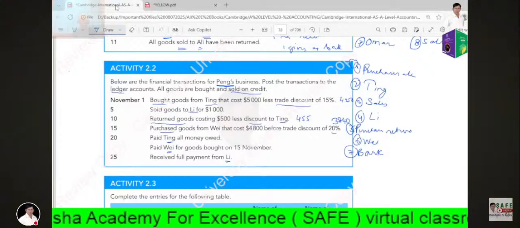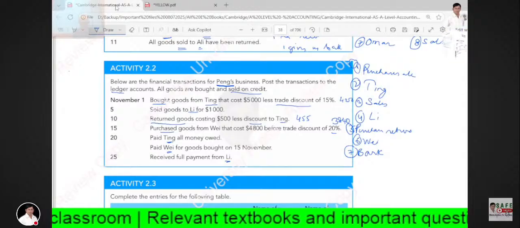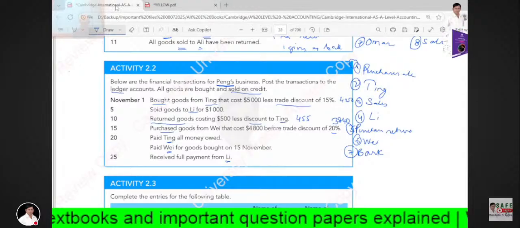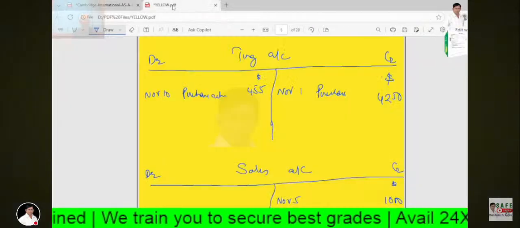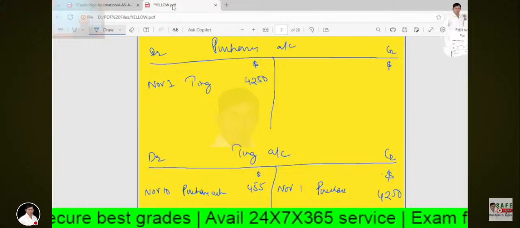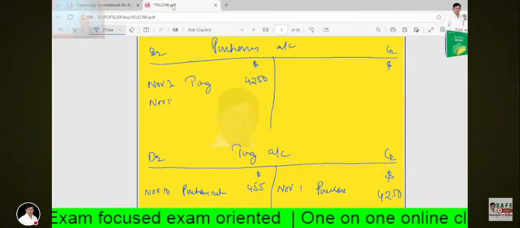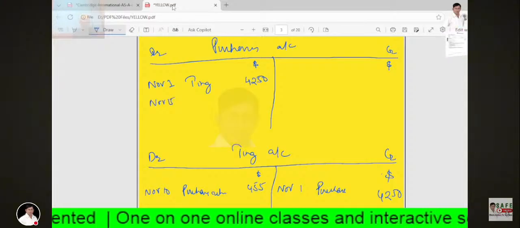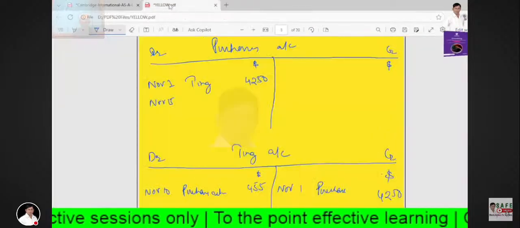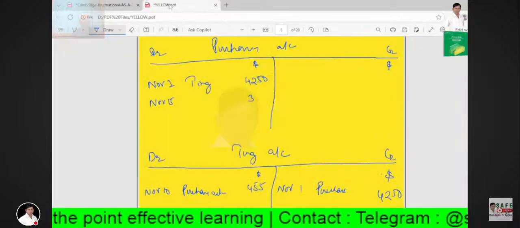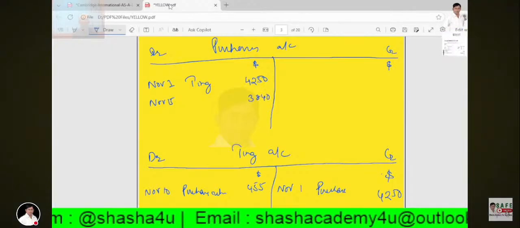Purchased goods from V that cost 3840. So purchases and V, and it is on November 15th. Purchases account will be debited 3840.